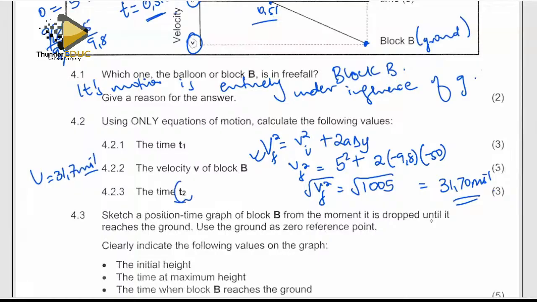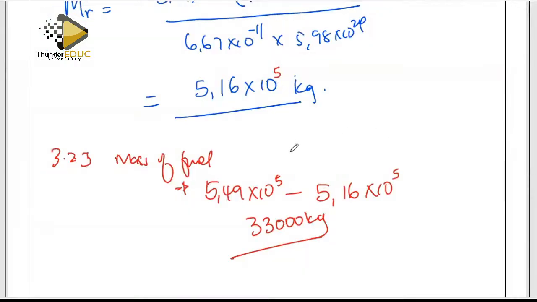Then they want us to get the time T with which the block hits the ground, the time taken to hit the ground. So with that, I'll use delta y is equal to V initial delta t plus a half a delta t squared. Let's do the substitution.